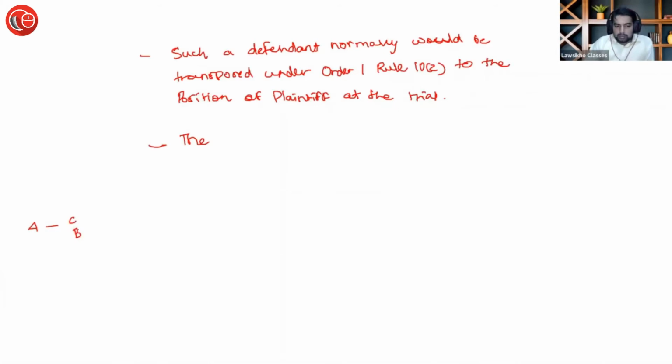So now it is A versus C and B is the pro forma. Now you cannot read it as such. If you want to understand conflict of interest, you cannot read it as such.